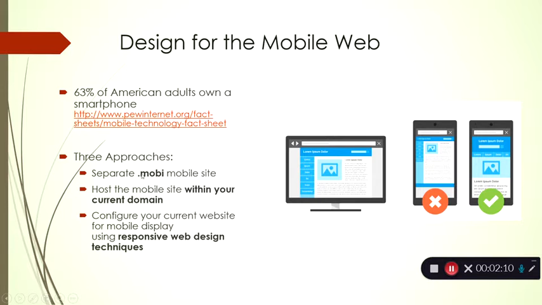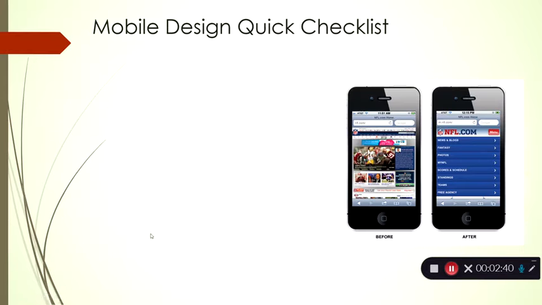If you have never noticed, most of the websites follow these responsive web design techniques, but a few websites have .mobi or a separate domain. Even the White House website has a separate mobile website. But most of the websites will have the same domain and same publication, but with different coding with CSS.